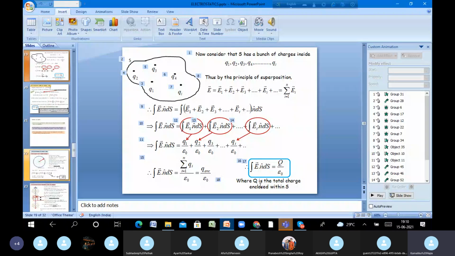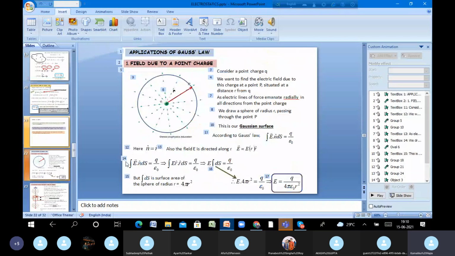And if you remember the steps, for example, for the field due to a point charge, this is just for your recapitulation because this was a new thing that we did in our last class. This is the point charge, and first we determine the symmetry of the problem.